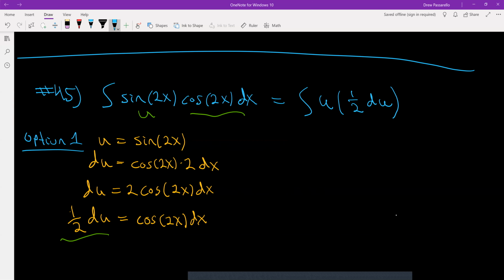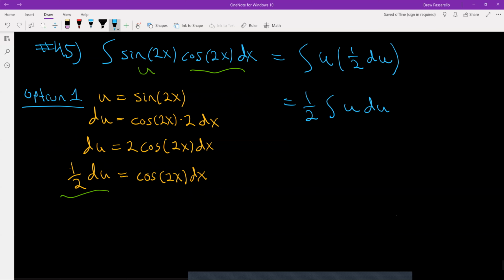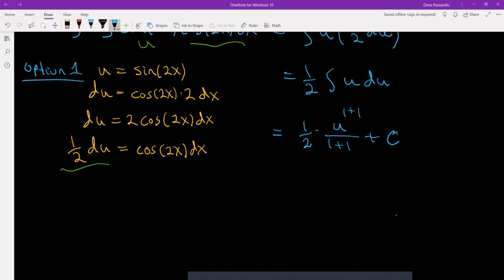All right, then you factor out the 1/2. Then you're just integrating u, and that's just using regular power rules. So it'd be 1/2 times u to the 1 plus 1 divided by 1 plus 1, and then plus c. So that's 1/4 u squared plus c. And then I back substitute what u was. u was sine of 2x.